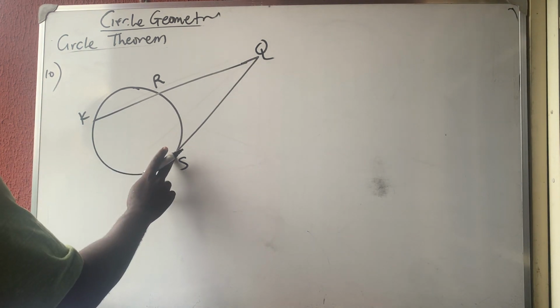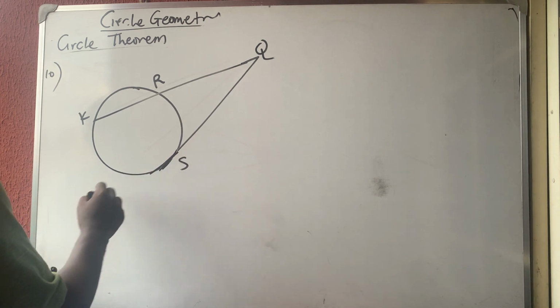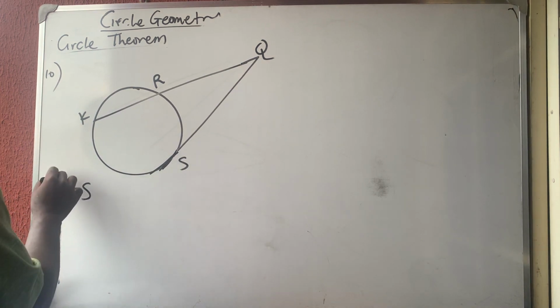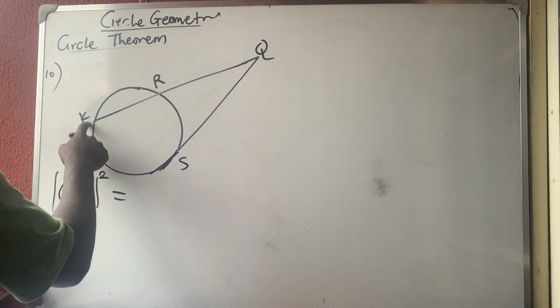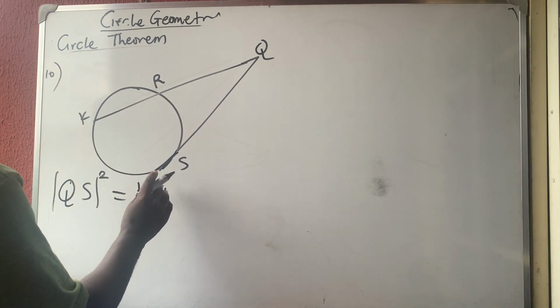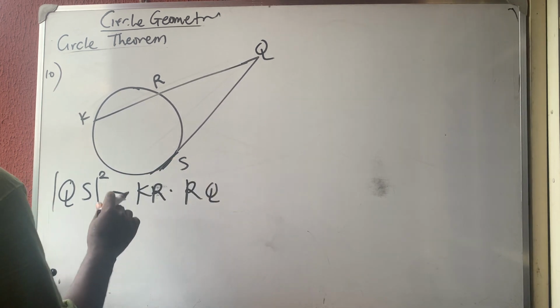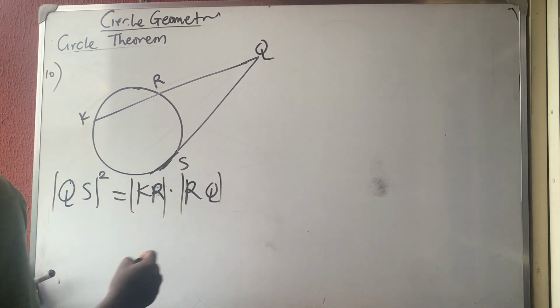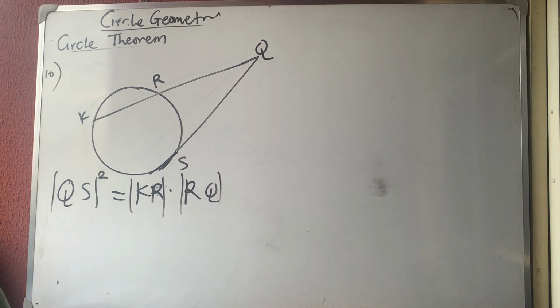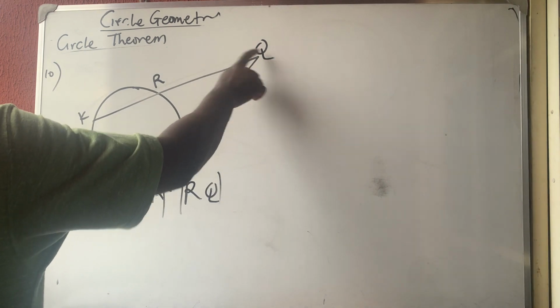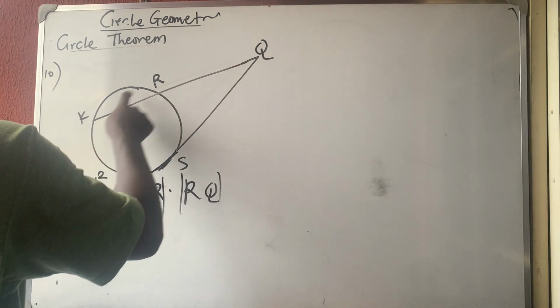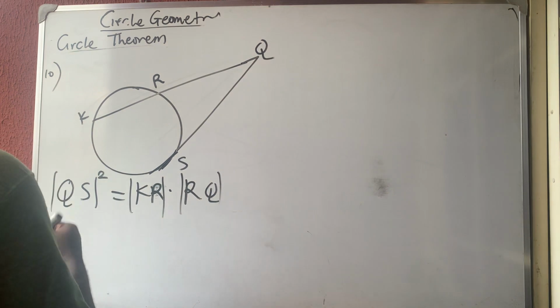This one said that QS, which is the tangent, that line QS all squared, is simply KQ times RQ.